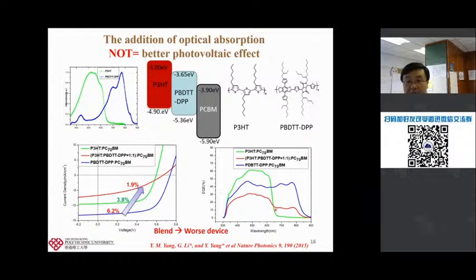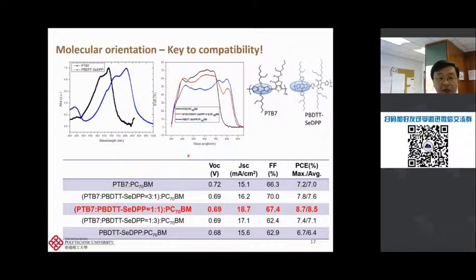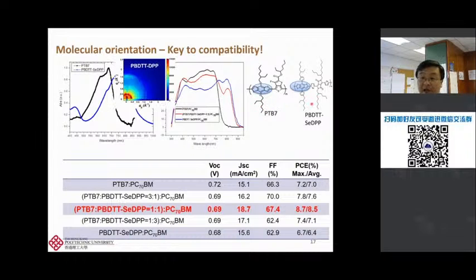So we think the cause might come from the fact that one of them has the so-called edge-on orientation and the other has the so-called face-on orientation. When you put them together, your hole transport should definitely get worse. If that's the case, we can try materials that have similar molecular packing, and so that comes to PTB7 and this lower band gap polymer.